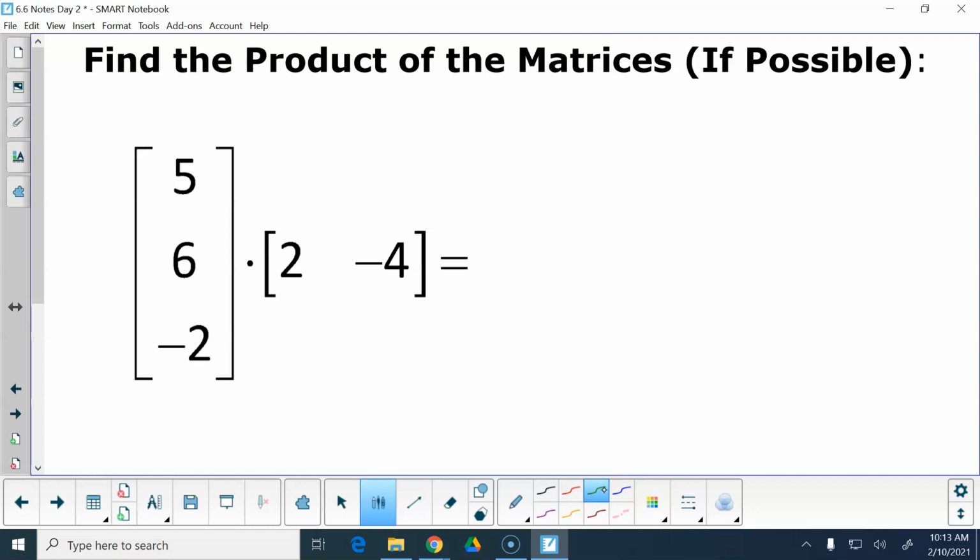What's the number one rule of matrices? Rows by columns, right? So what's the dimensions of the first one? Three by one, because there's 3 rows and 1 column.